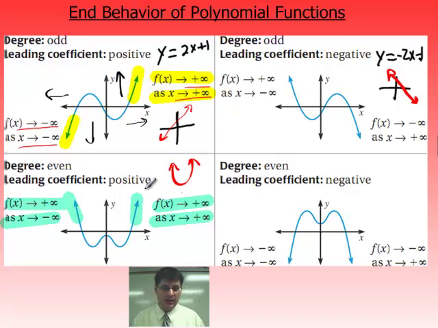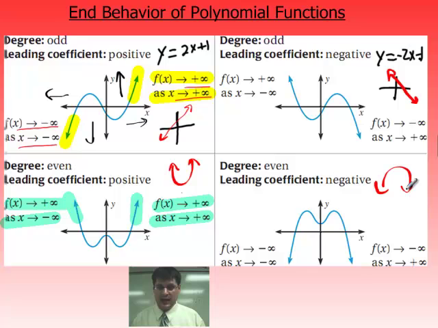And notice that it's going to have the same general look, other than the little curvy stuff in the middle. It goes up as x goes to infinity, and then it goes up as x goes to negative infinity. And with a parabola, if the leading coefficient is negative, it reflects and it opens down.